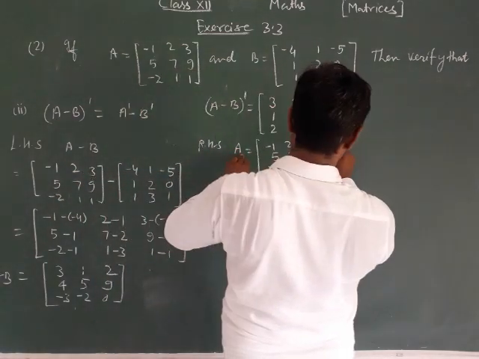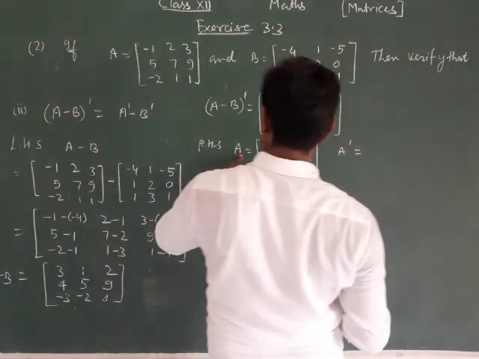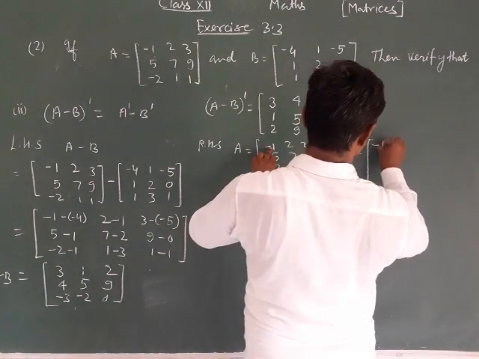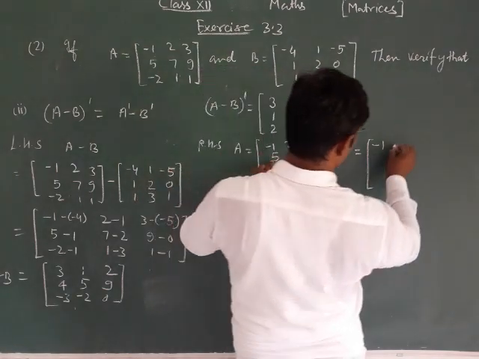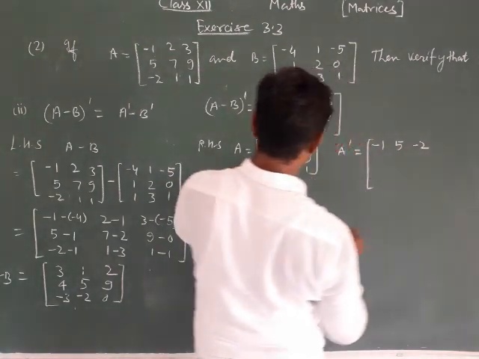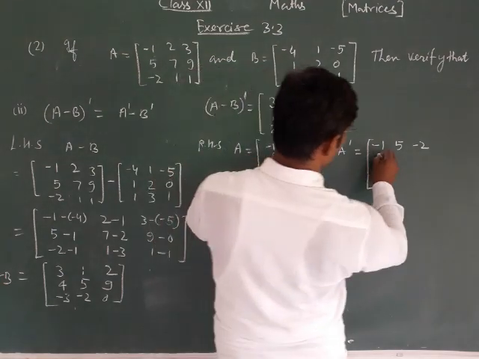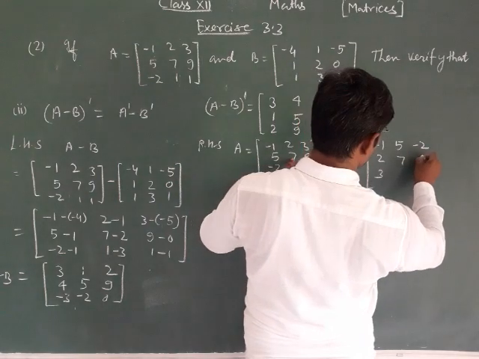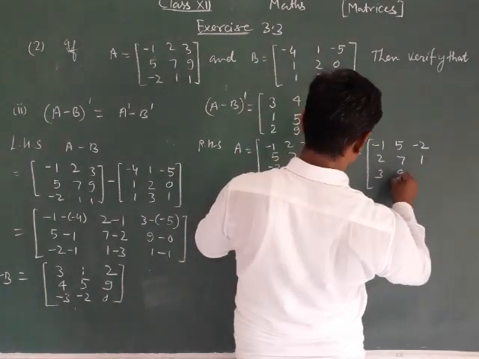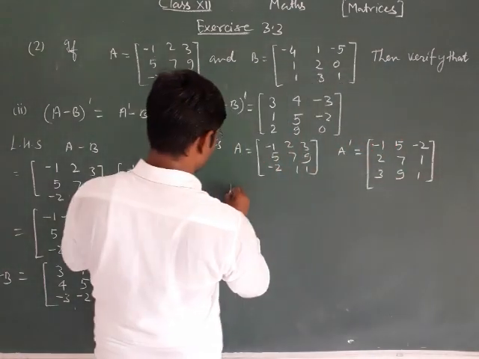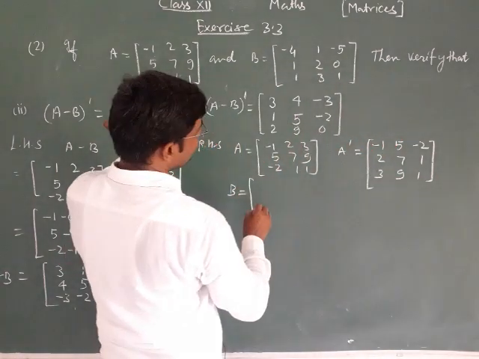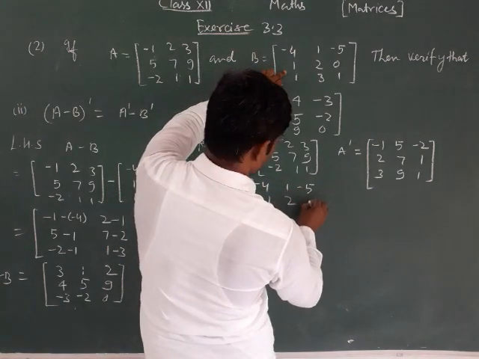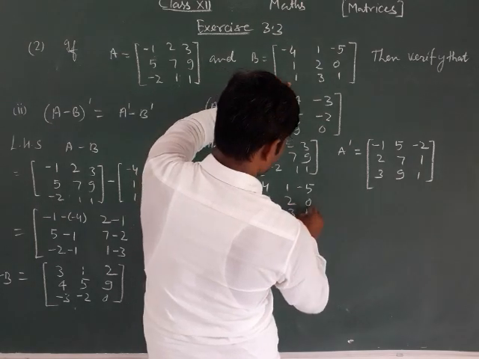So now A dash is equal to, so minus 1, so replace here 5, minus 2, and 2 3, and 7 1 and 9 1, and also B given matrix minus 4 1 minus 5, 1 2 0, 1 3 1.